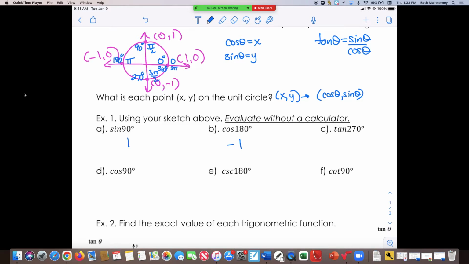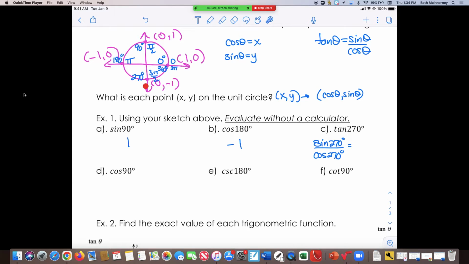All right, in letter C, tangent 270 degrees. So Jordan, can you tell me how would I get started on that one? Nice job. Okay, so I'm going to write a little bit first. I'm going to rotate to 270 degrees, and then we have to remember that tangent is sine over cosine.